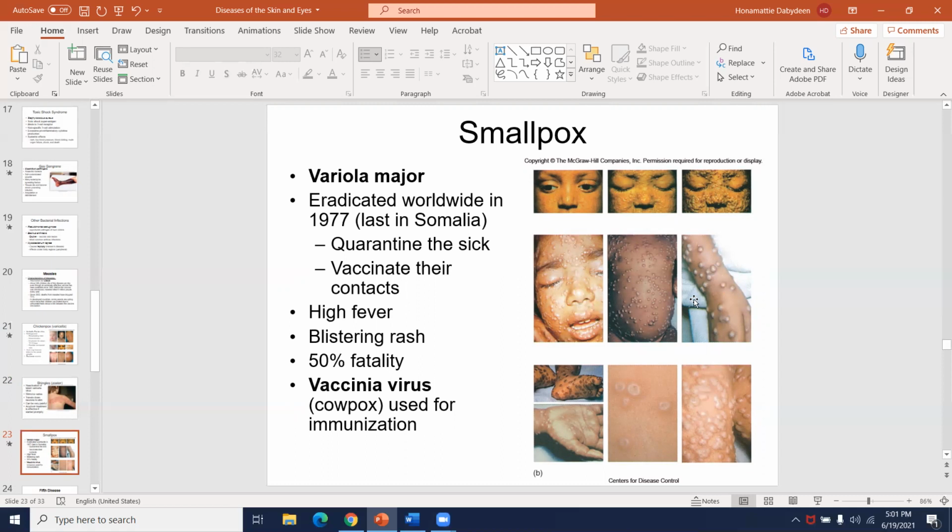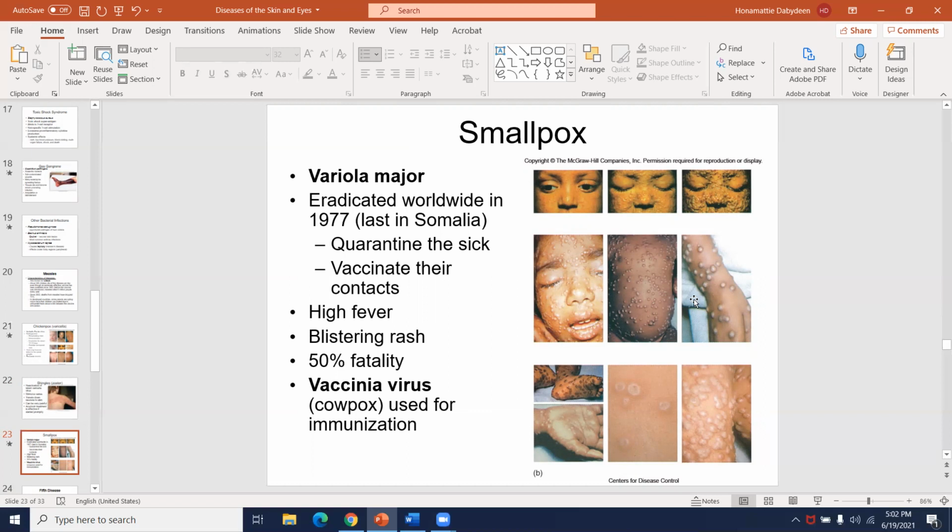Individuals might start out with a small, flat, red discoloration, and then you end up with a papule or whatever it is. There are different forms of this virus. So it can evolve into macules and papules and vesicles and pustules and whatever they call them.